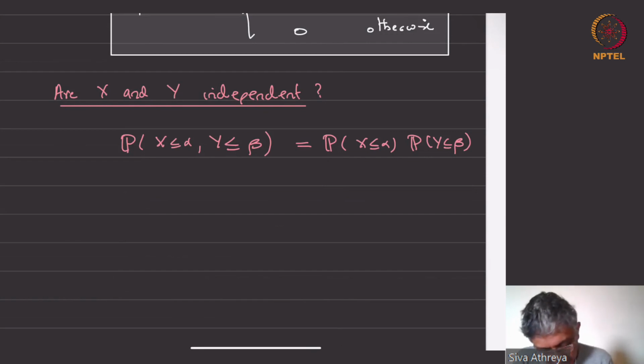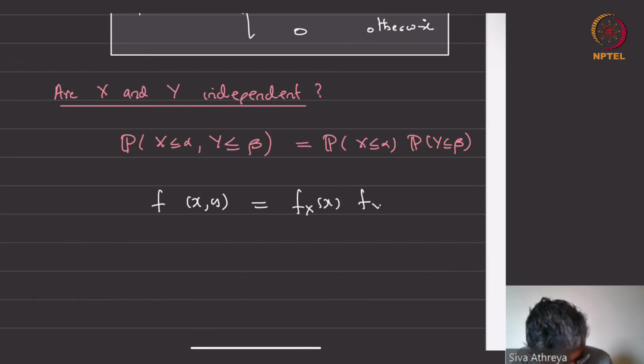But instead of checking this, it's enough to check if the joint density f of x, y splits up as f sub x at x times f sub y at y. It's equivalent to checking this.